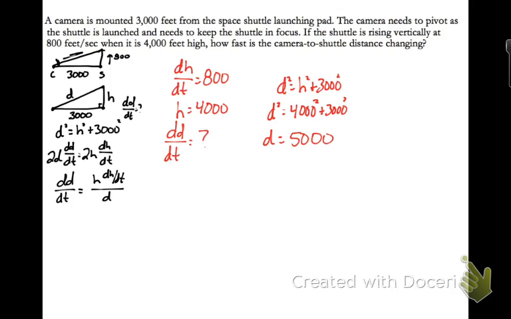So now we can solve for dD/dt, because we know that dD/dt equals H, which in this case is 4,000, times dH/dt, which is 800, and all of that is being divided by D, which in this case is 5,000.